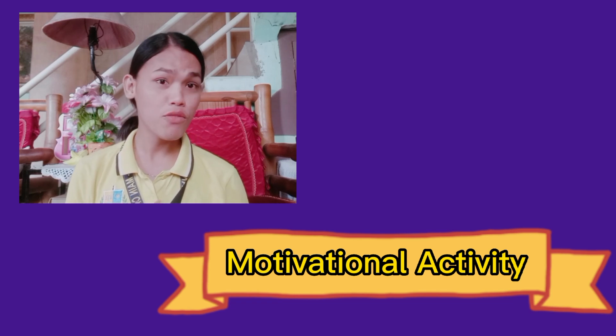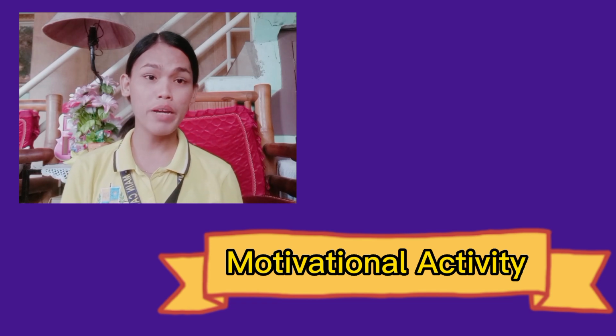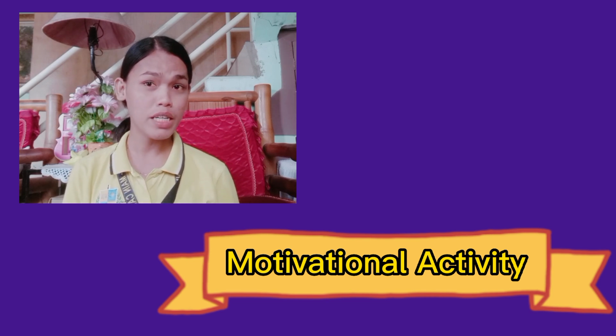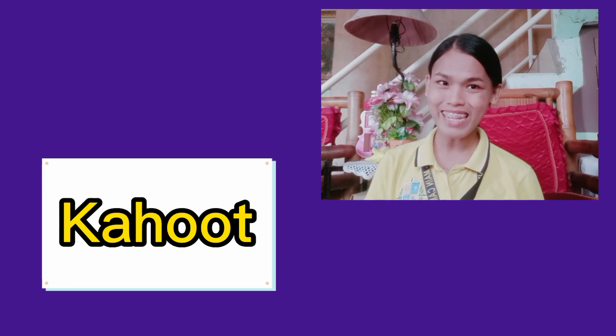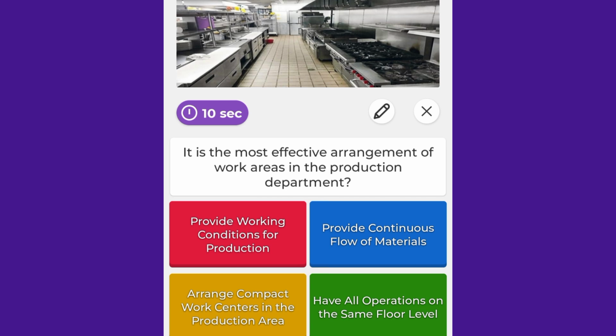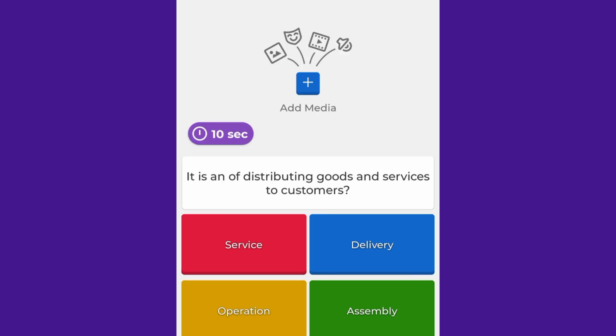But before we dig into our lesson, let's first have a motivational activity which will help you retain your knowledge, and we are going to use a multimedia tool, which is Kahoot, an educational game. So let's get started. First, it is the most effective arrangement of work areas in the production department.